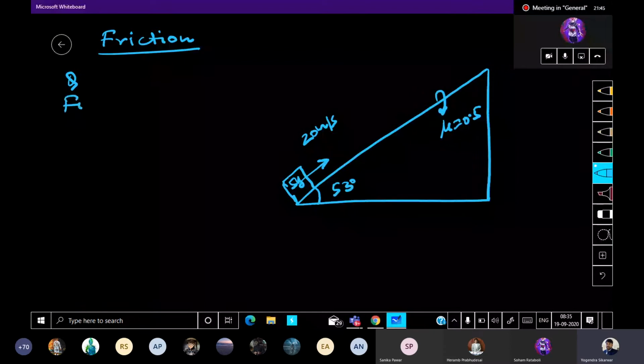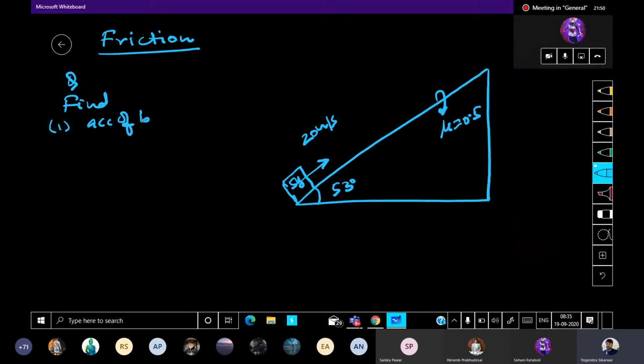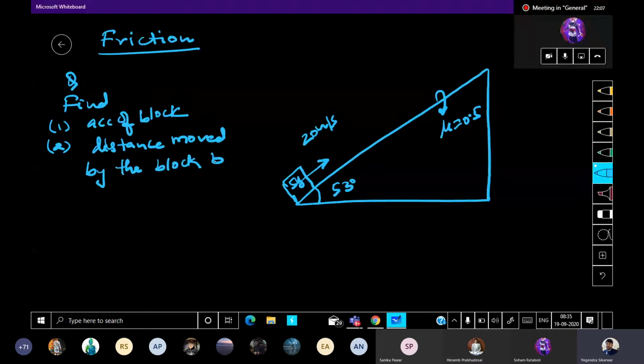Find: number 1, the acceleration of the block; number 2, the distance moved by the block before it comes to rest. Everyone, please tell.